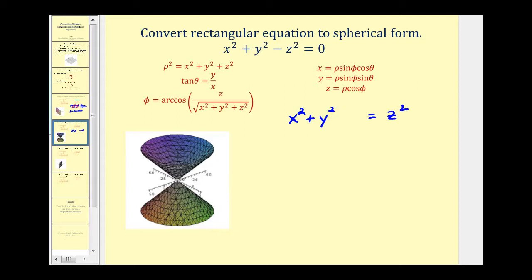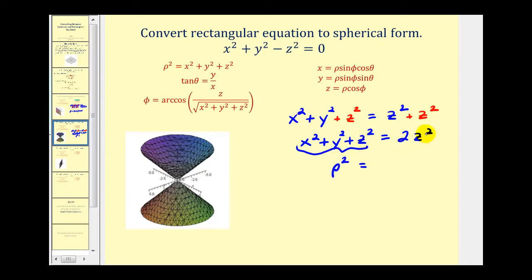And now if we add z squared to both sides, we would have x squared plus y squared plus z squared equals 2z squared. And that's helpful because now we can replace the left side with rho squared.